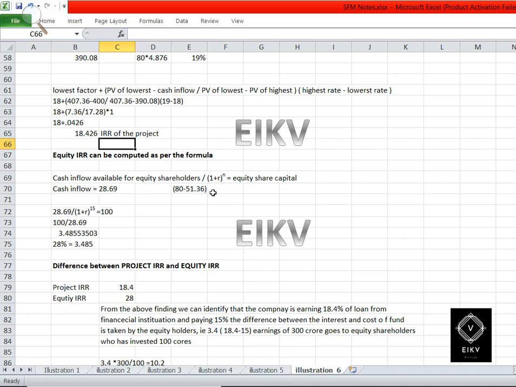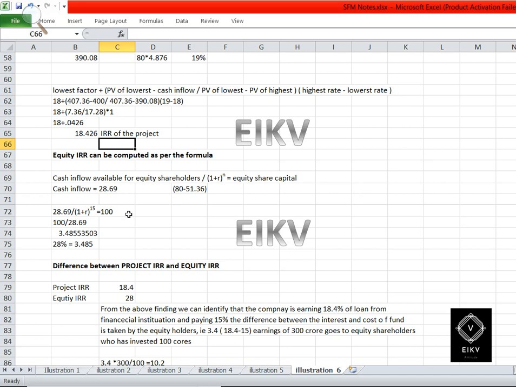So when we deduct 51.36, that is the loan installment, from the annual cash flow of 80 crore, we will get the cash inflow for equity shareholders as 28.69.